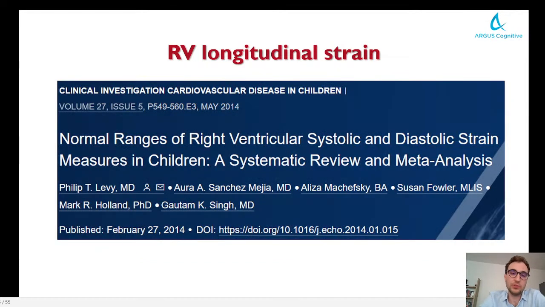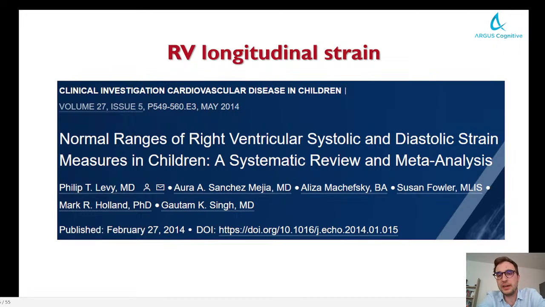We also have normal ranges for children regarding the systolic and diastolic strain measures. In general, we can say that in children we can expect higher normal values compared to adult individuals. The mean value of right ventricular longitudinal strain was 29%, and in this large population, the lower normal value was found to be 24%.